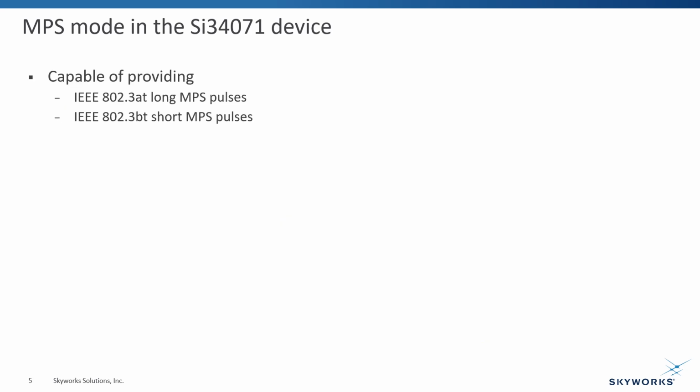The Si34071 is capable of supporting both IEEE 802.3af long and IEEE 802.3bt short MPS pulses. As IEEE 802.3bt PSEs shall support short MPS, the Si34071 is capable of differentiating between IEEE 802.3af and IEEE 802.3bt PSEs based on the length of the first classification event and automatically adjusts the MPS length accordingly.